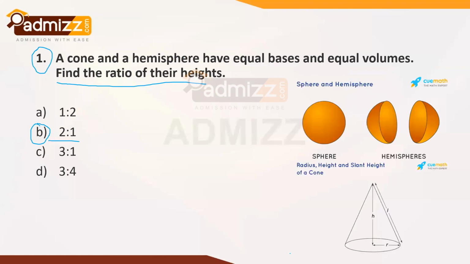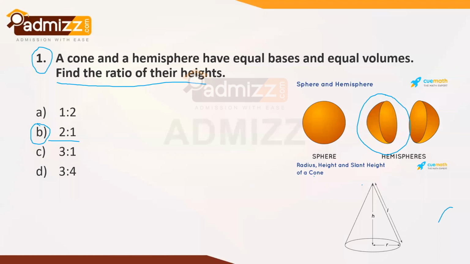So take a look at these two figures. These are representations of what a hemisphere, a sphere and a cone are. Sphere is basically a ball-like figure. Hemisphere is exactly half of a sphere, and so this particular figure is a hemisphere.